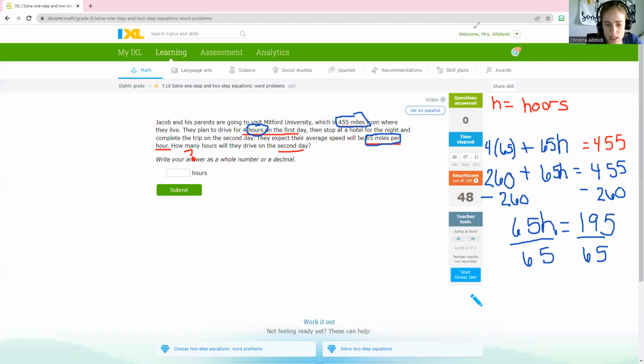And what do we get? We get the answer of 3. So that means on that second day, they are going to have to drive 3 hours. And looky there, the label's already there for me. If I look back at my question, it wanted to know how many hours. H equals hours. 3 is perfect.